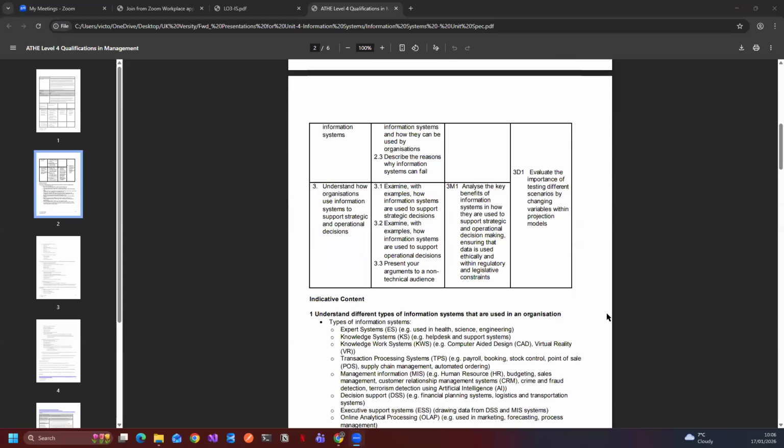So in today's session, we're mainly going to focus on understanding how organizations use information systems to support strategic and operational decisions.